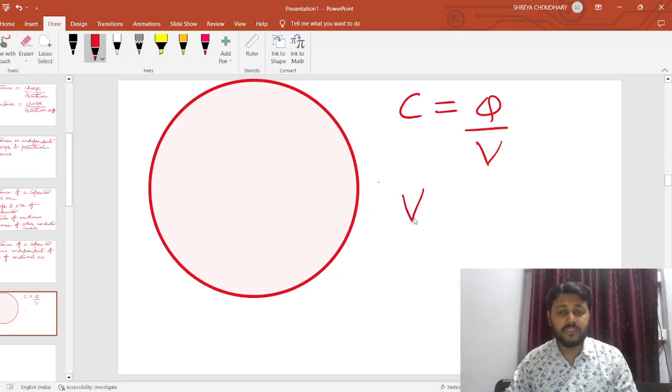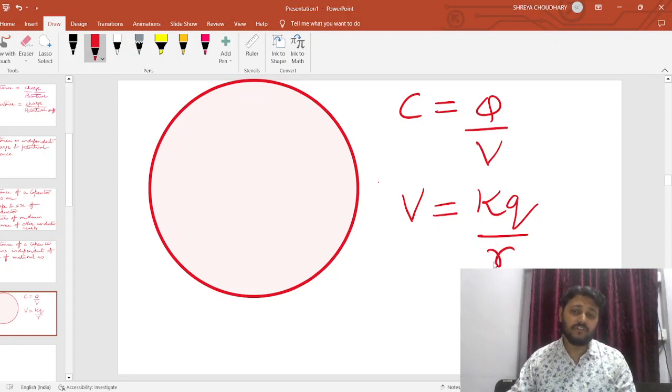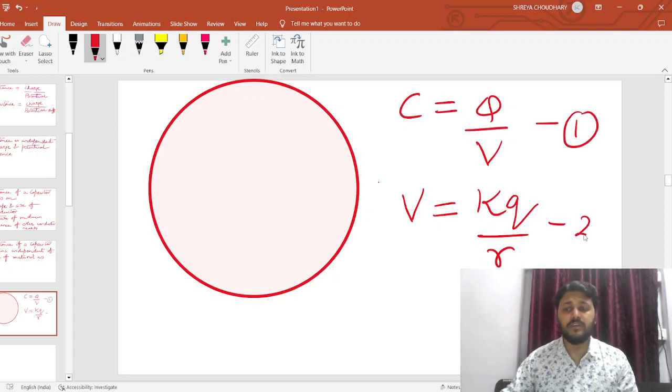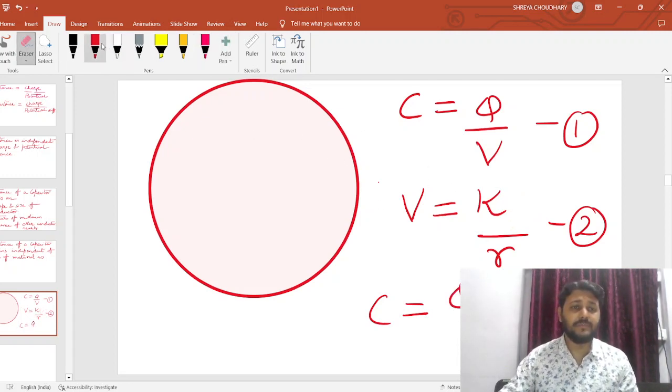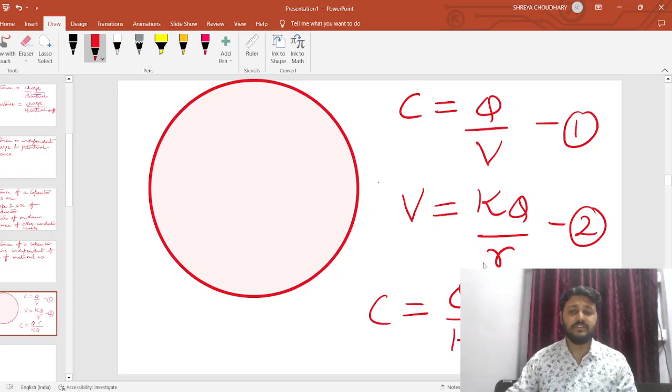The formula of V is KQ upon R. This is equation number 2, and the previous one is equation number 1. Keeping the formula in the previous equation, C will be equal to Q upon KQ upon R, isn't it? The value of K we have kept over here.